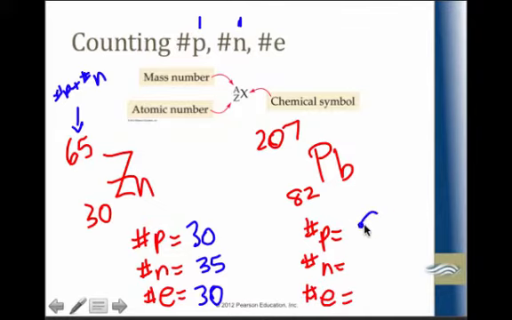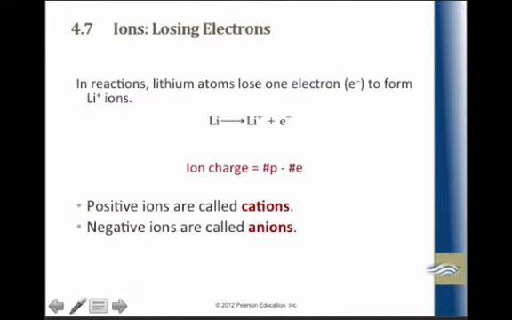I hope you said 82. How many neutrons? I hope you took 207 and subtracted 82 to get 125. And how many electrons? 82.